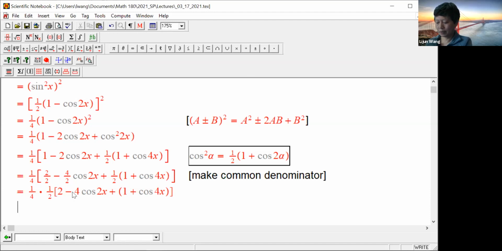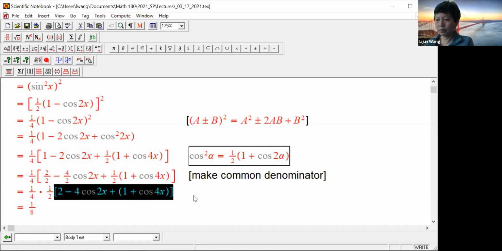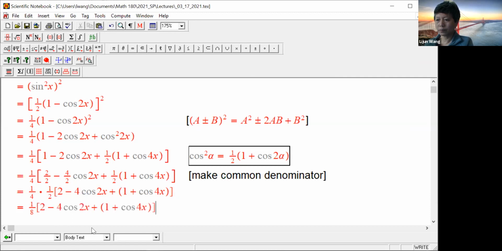And what do we get inside? Quarter times half is 1/8. Inside this bracket, we have a parentheses. So we're going to open that parentheses and combine like terms.